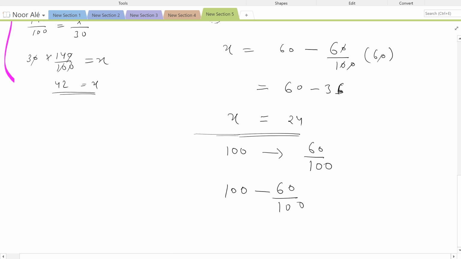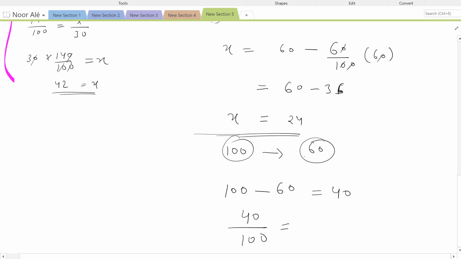Yeah, so let me write it down here. If that is 100, 60% of 100 is going to be 60, right? 60% means 60 out of 100. So 100 minus 60 is 40. So that means the number is basically 40. If this number is 100, then the number 40 is 60% smaller than 100, right?